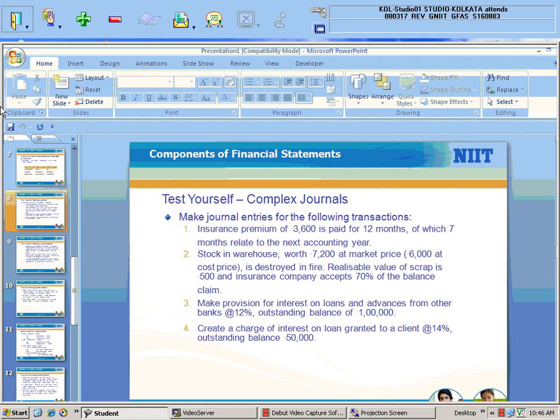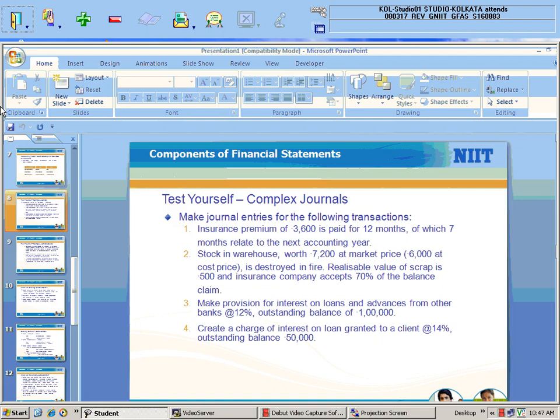So we know what type of account cash is. It's a real account. Insurance expense is a nominal account because it's an expenditure, and prepaid expense is a personal account, a representative one.